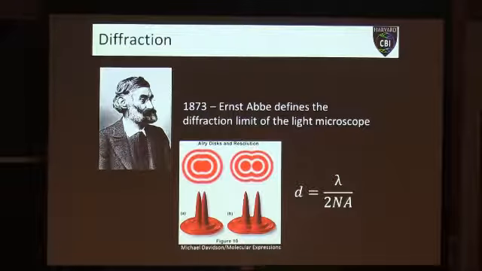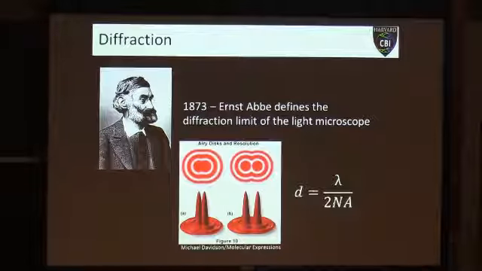Ernst Abbe, who I discovered I pronounced his name very correctly, thanks to Sebastian. Back in 1873, he came up with this equation that essentially says what I just told you. So the minimal distance between two objects that you can resolve in a microscope, the resolution limit of your microscope, is equal to the wavelength of light divided by 2 times the numerical aperture of that objective.